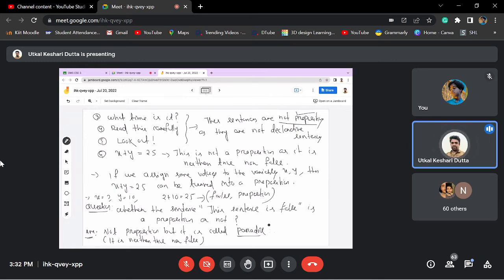But you have to remember that paradox means the truth of that sentence contradicts the sentence itself. In that case, that will not be a proposition, it is called a paradox. In a paradox, you are confused or you cannot say it is true or false, and it contradicts the given fact. In that case, these sentences are called paradox, not proposition.